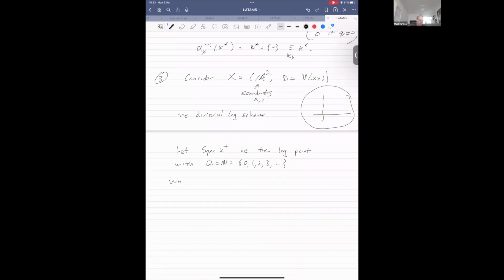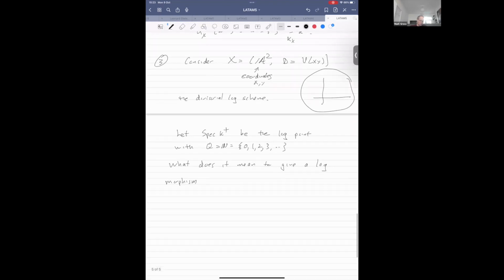So let's ask, what does it mean to give a log morphism from spec k dagger, from this log point, to X with image the origin in the affine plane? So, of course, if we were just doing ordinary scheme theory, this wouldn't be very interesting.